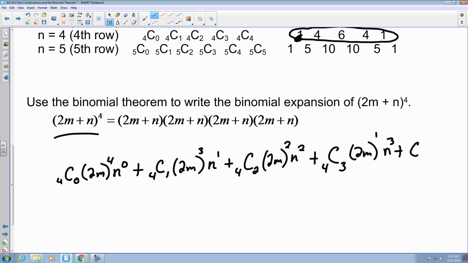Finally, we have combination of 4 and 4. I've got 2m raised to the 0 power, and I've got n raised to the 4th power.